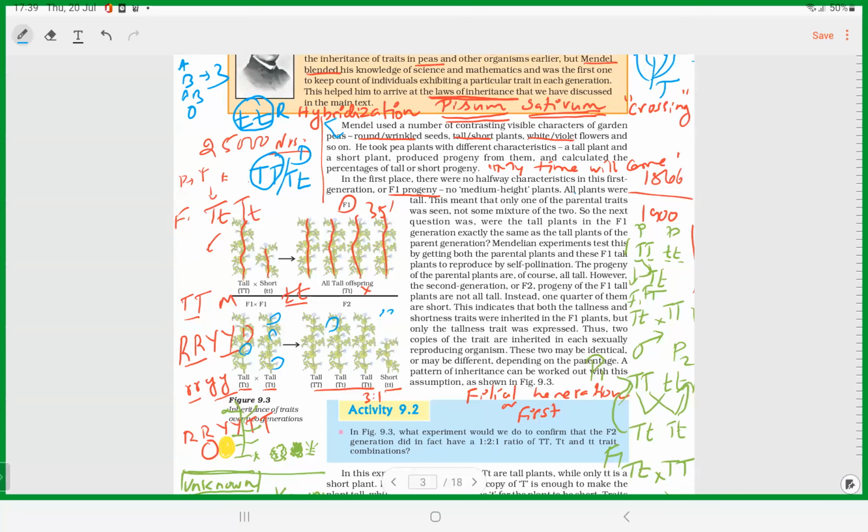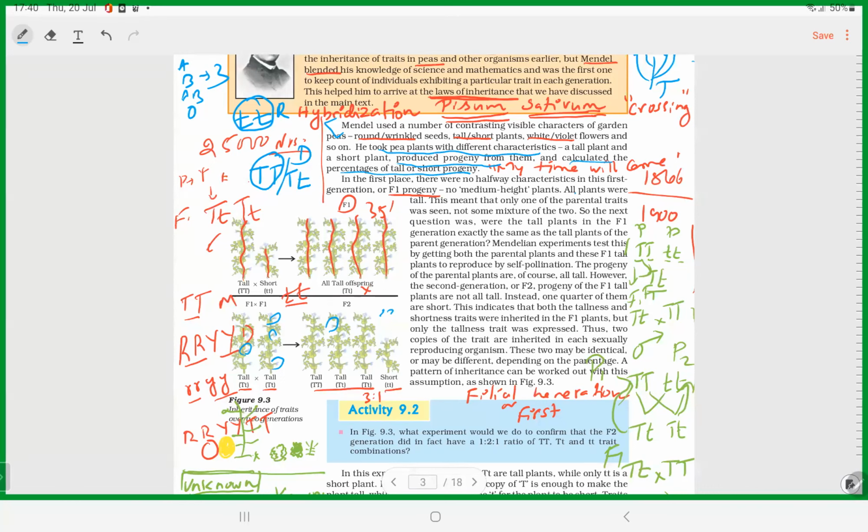And he crossed both of the characters. Both 2 plants he selected. One is tall. And here one term is there. He took plants with different characters, a tall plant and a short plant, crossed them, produced a progeny from them and calculated the percentage of tall and short progeny.